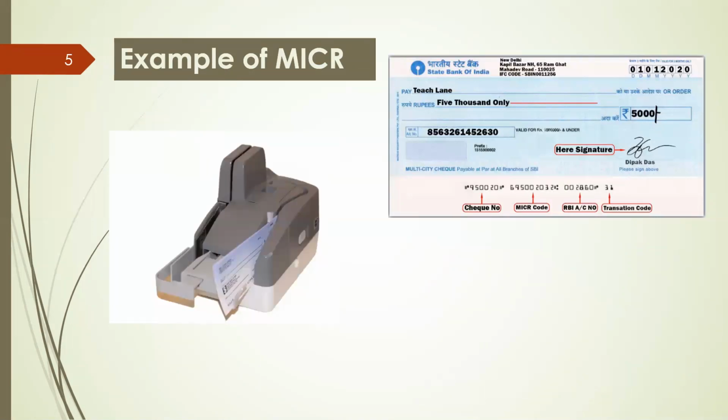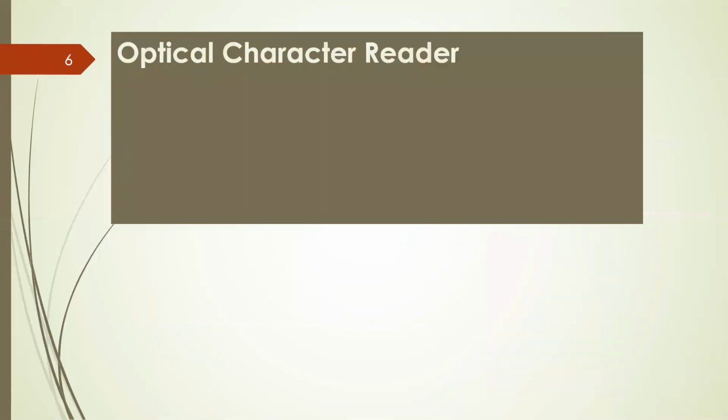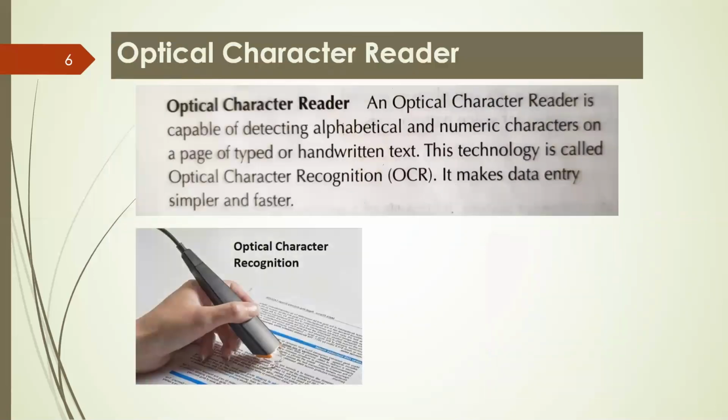With the help of the machine, when you insert the checkbook, it will recognize the MICR code. Different types of machines are there, and the MICR code reader machine will recognize it.